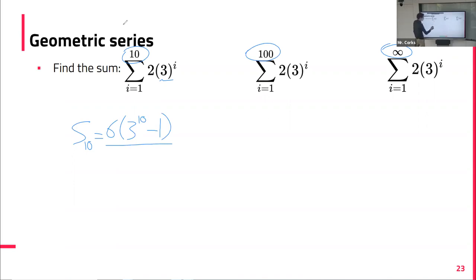So 3 minus 1, that's just 2. Let's simplify a little bit. 6 and 2 just turns into 3 times 3 to the exponent 10 minus 1. And simplify a little bit more. Minus 3.